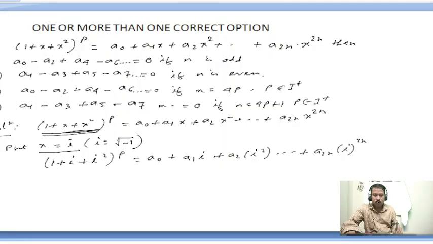We know that iota square equals to minus 1.